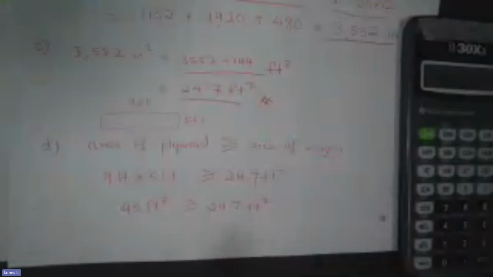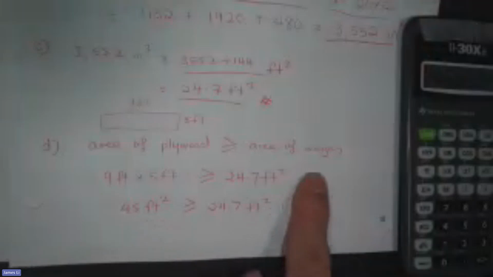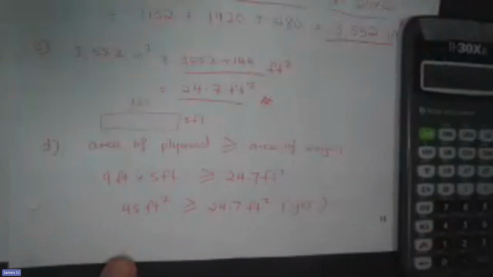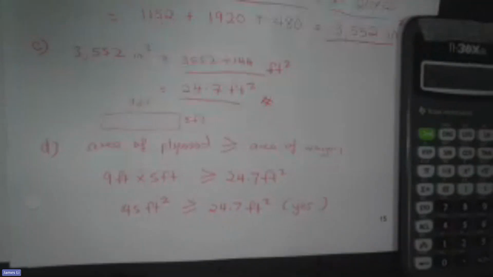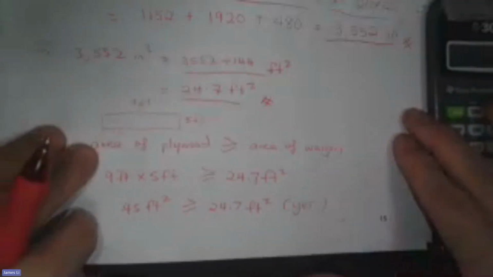Is 45 more than 24.7 feet square? It is, right? Therefore, yes, you have enough plywood to make the wagon. If your area of plywood is less than the area of your wagon, then the answer will be no, all right?